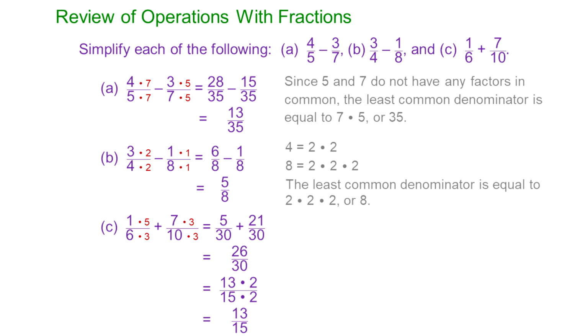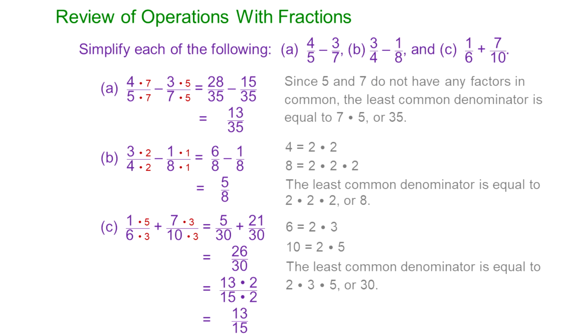For part B, I can note that 4 is equal to 2 times 2, and 8 is equal to 2 times 2 times 2. To find the least common denominator, I'll note that the 4 is missing a factor of 2 that the 8 has. And so I can find the least common denominator for this problem by multiplying 2 times 2 times 2.